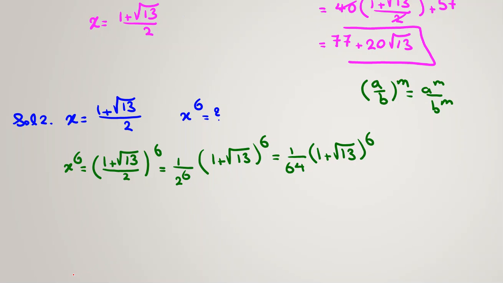If you know the binomial theorem, (a plus b) to the power of 6 can be expanded; you can find it for any n, and if you have a question, comment below this video.